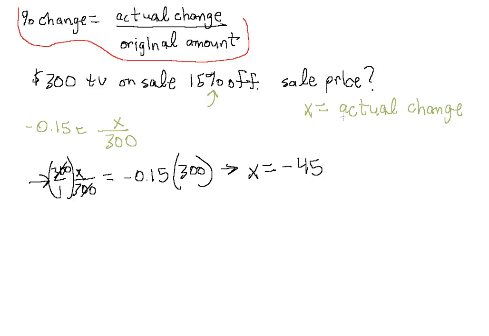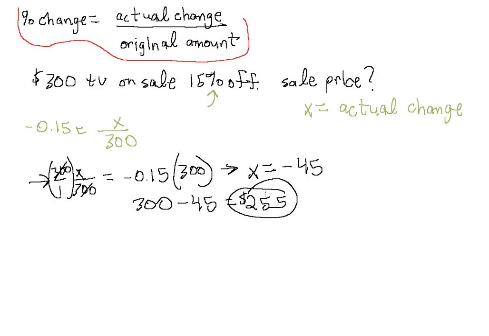Now, notice this isn't what we're being asked for. We're being asked for the sale price. We find the sale price by subtracting the actual change in price from the original amount. So we find the sale price by subtracting 300 minus 45. The price went down $45, so the sale price is actually $255. And that's our answer.